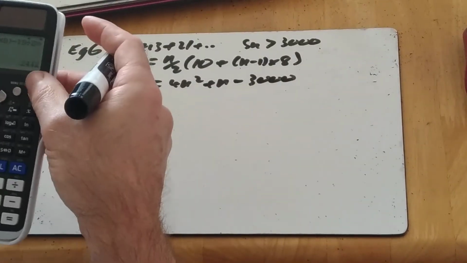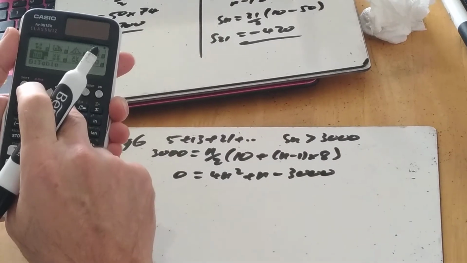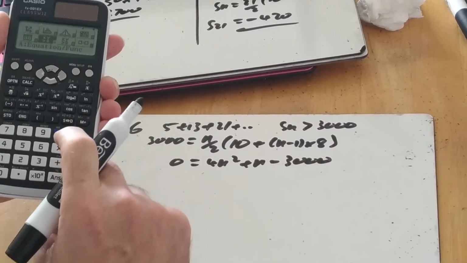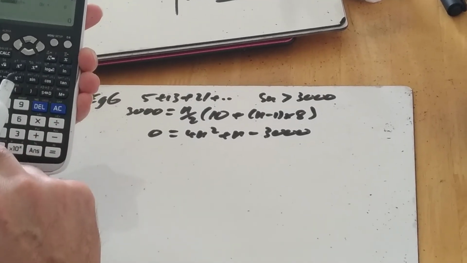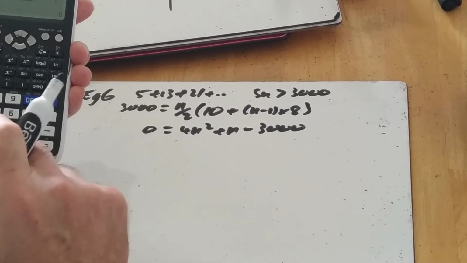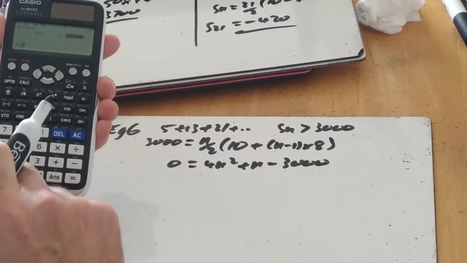I might as well, because I'm feeling particularly lazy today, go to my solve, number 2 polynomial, degree 2, and I've got 4n squared, 1n, and minus 3,000.